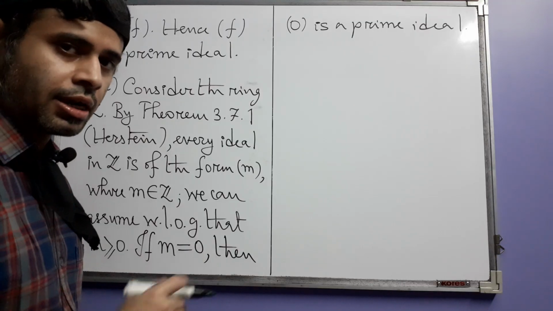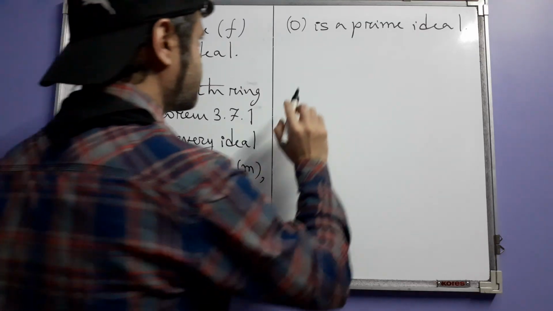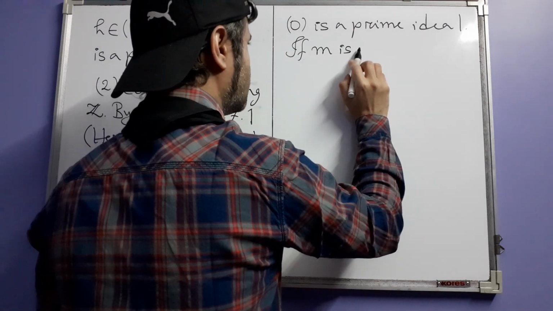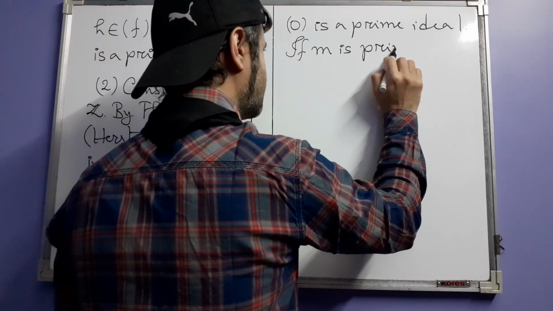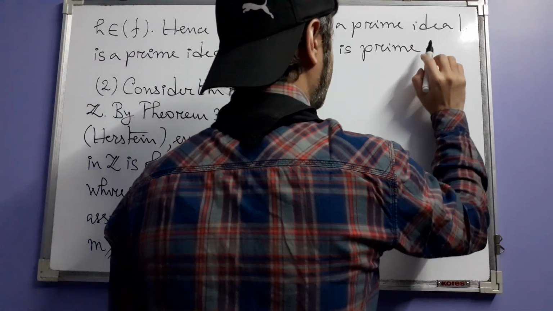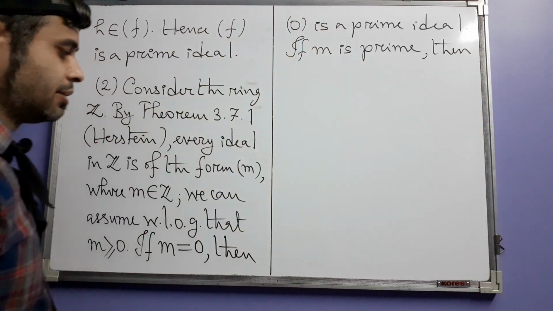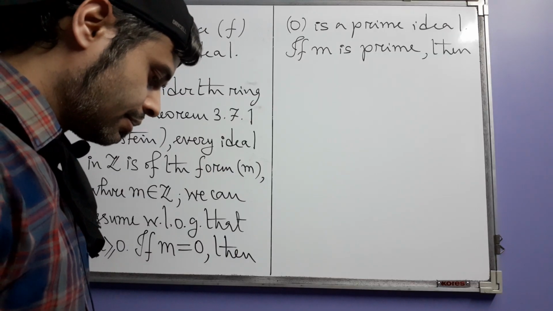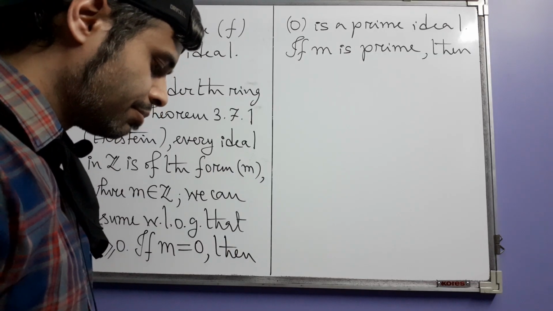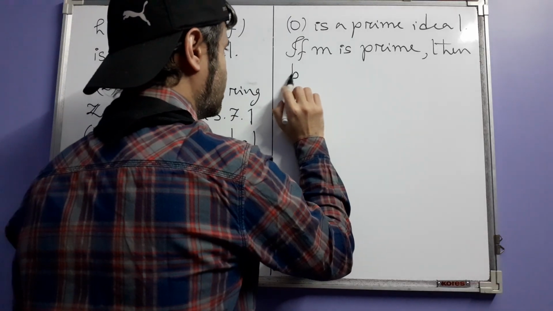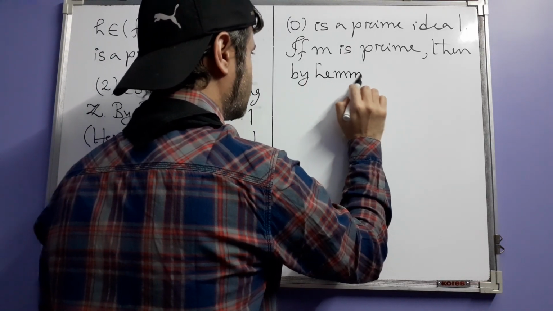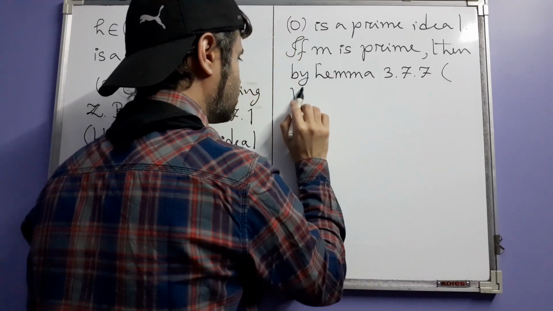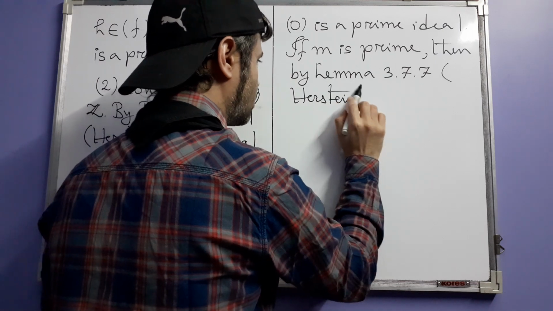Besides that, what other values of m can give us prime ideals? If m is prime, that means if m is a prime number, then also it's a prime ideal. I mean, this one is a prime ideal, and this is a result from, again, Herstein. And the result is lemma 377 by Herstein.